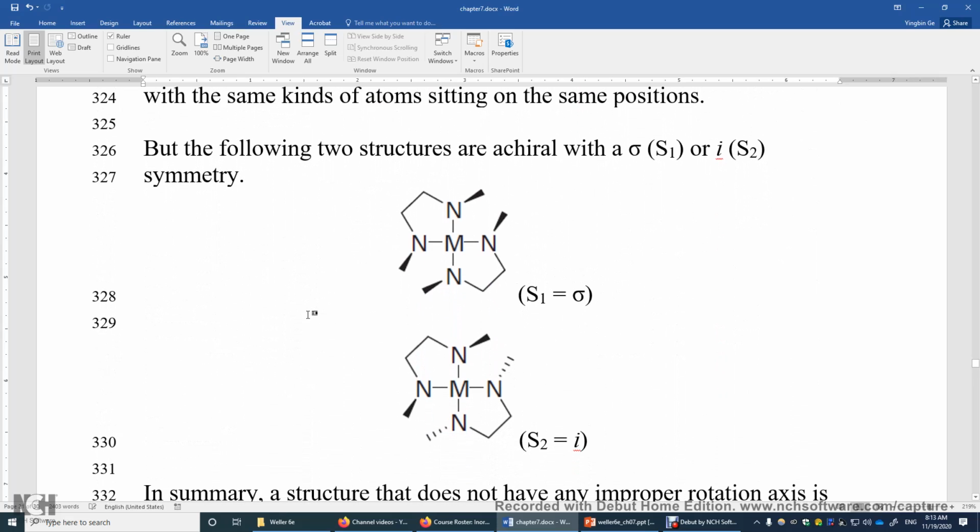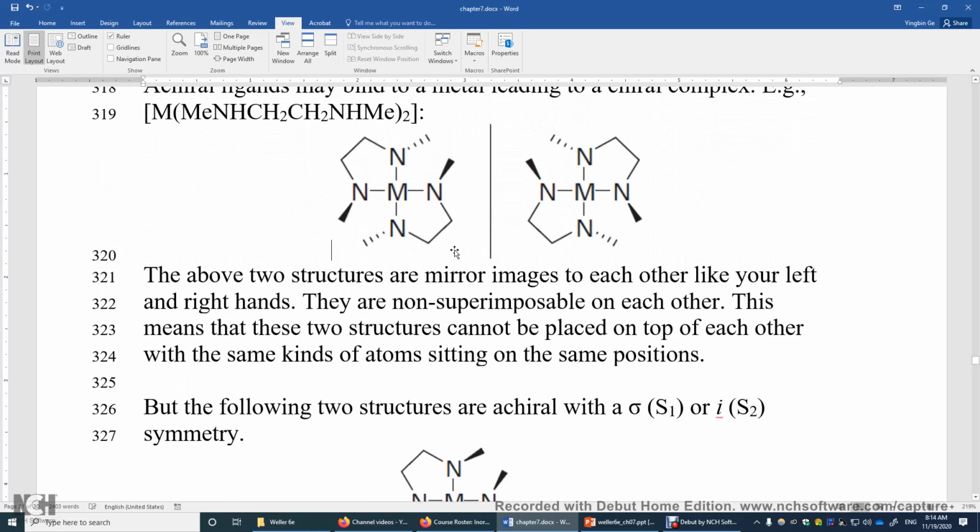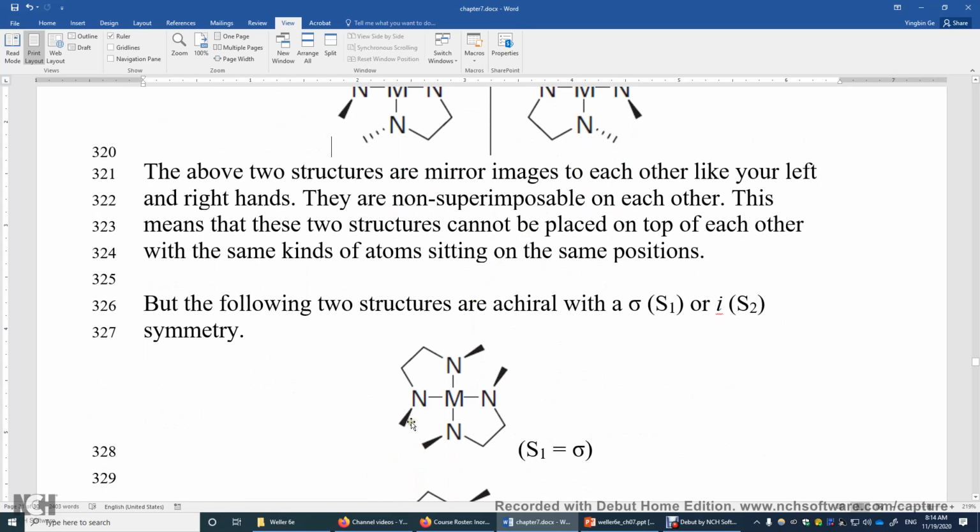Now let's look at two more structures. Now let's look at this structure. Well, it seems to be very similar to the above enantiomer structures, but in this case, you see wedge, wedge, wedge, wedge. In this case, there is a symmetry plane. Okay, there is a symmetry plane. So you can just cut this structure here.